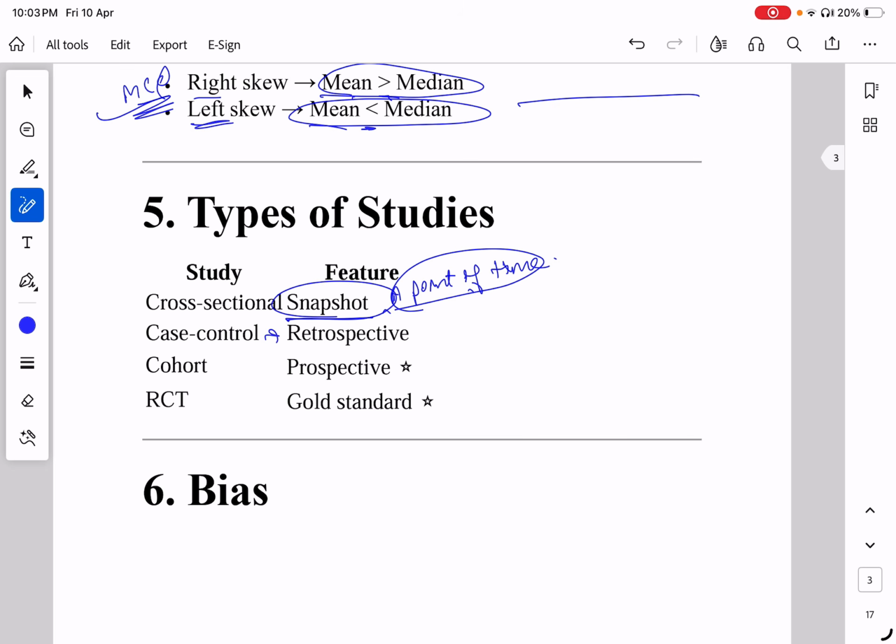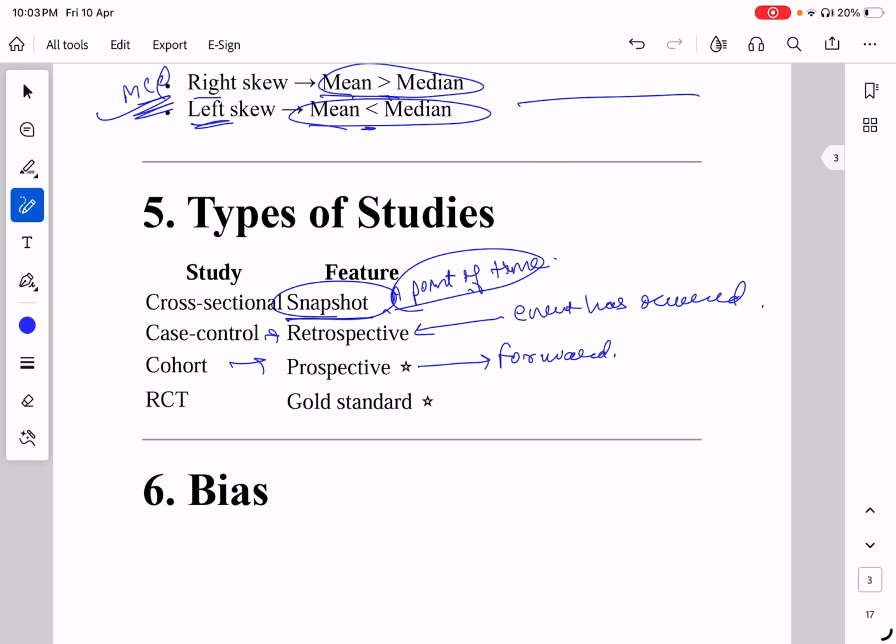Case control is a retrospective study. The event has occurred and now you are going retrospectively. So this is case control. Cohort is a prospective study, meaning moving forward.